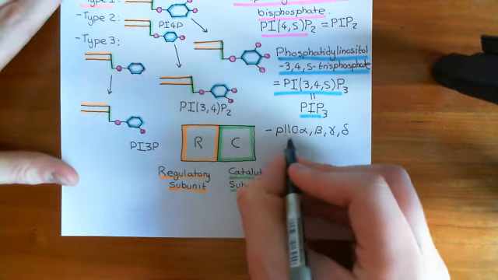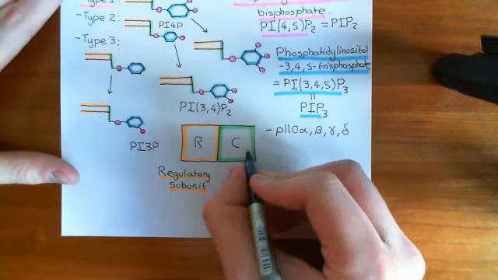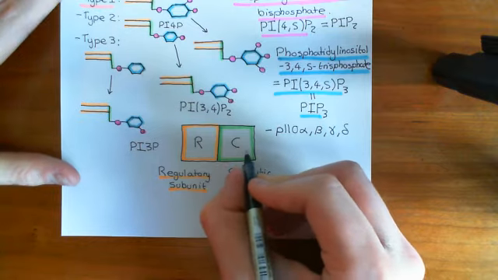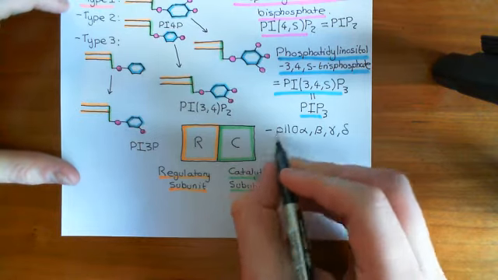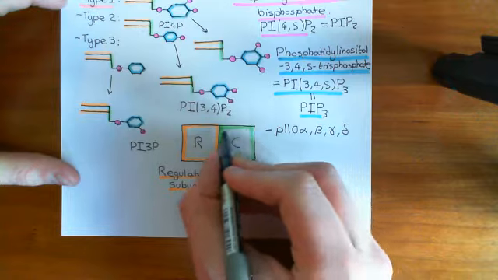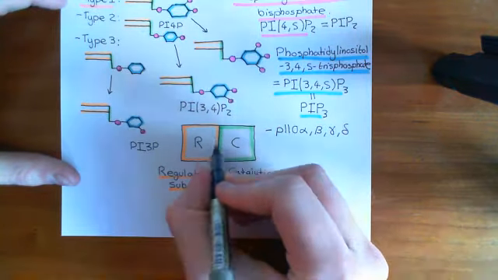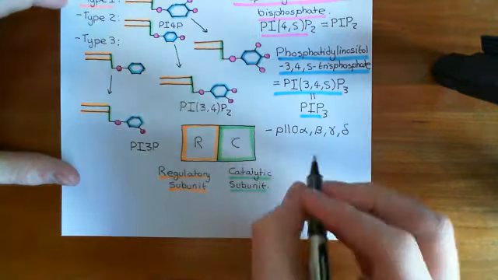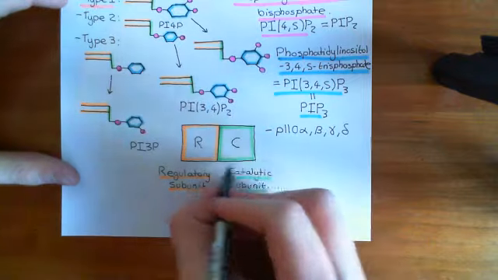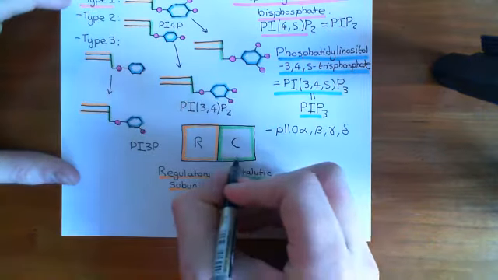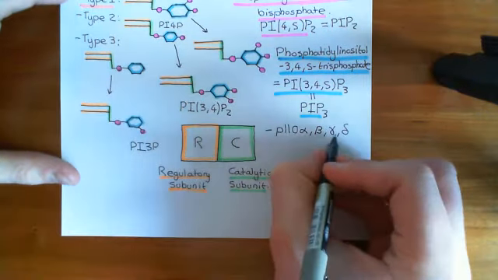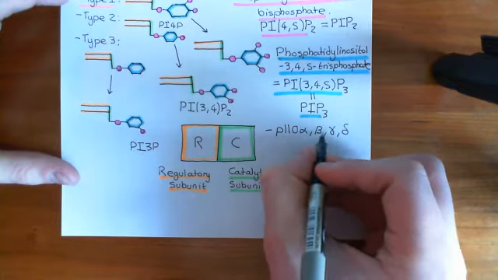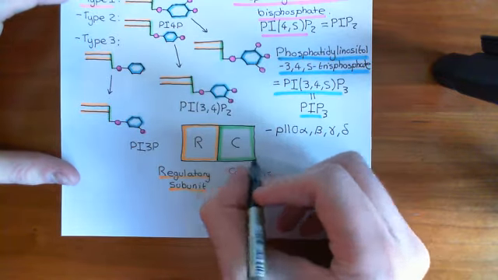So there are four different proteins that you can use in this slot here. Now the whole type 1 PI3 kinase enzyme is named after which of these four catalytic subunits you use in that slot there.